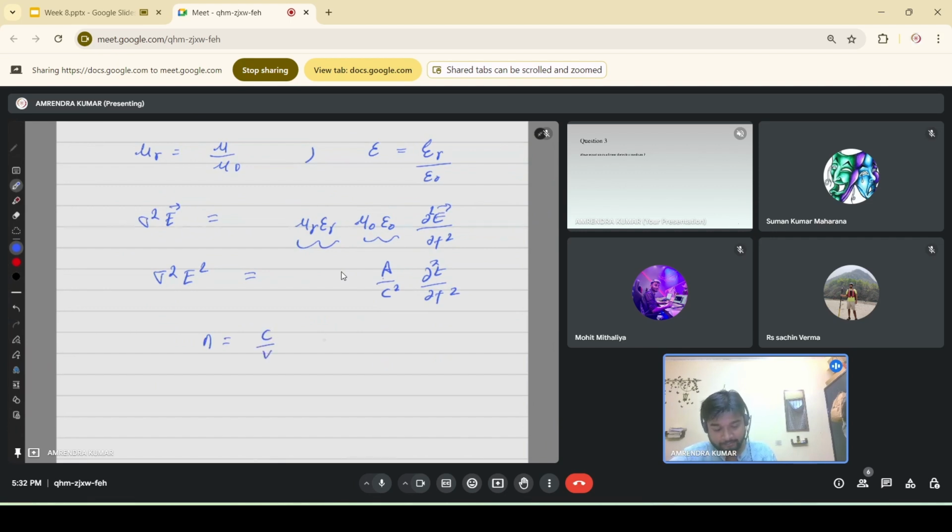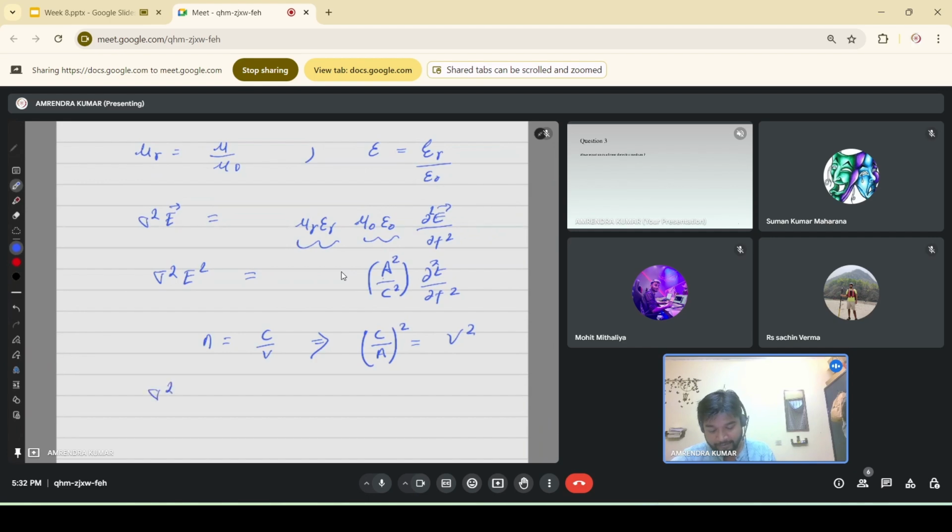So if we compare it like this, you can see we have the velocity upon A. So this would be some velocity, right? Let's say the constant is A square, so c by A, something like this. So it should be velocity square.